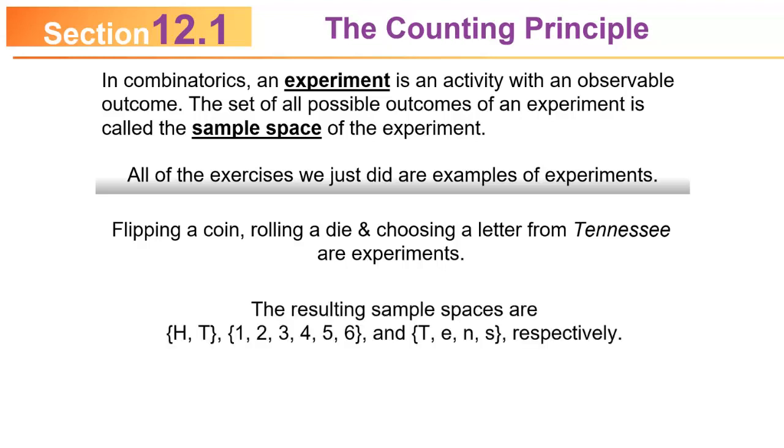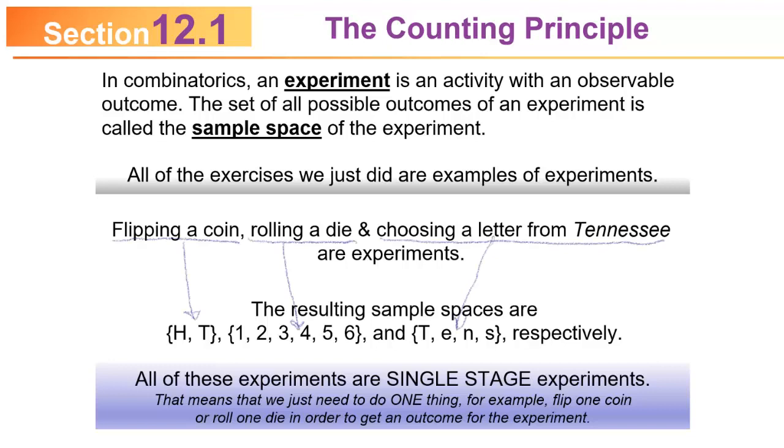Don't think that an experiment has to be done in a lab. An experiment is simply an activity with an observable outcome. And if we're talking about the sample space, if I go back to the example of the coin toss, the sample space is H for heads, T for tails. For the single six-sided die roll, the sample space is the numbers 1, 2, 3, 4, 5, and 6. And for the letters in the word Tennessee, it's the set containing T, E, N, and S. Those are the sample spaces for each of those experiments.